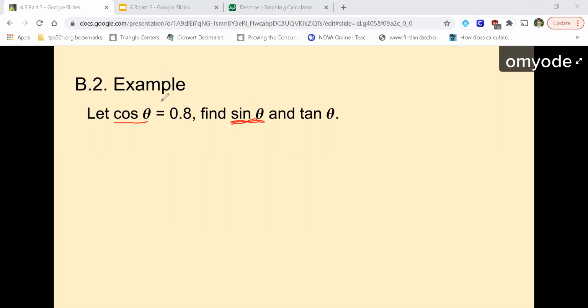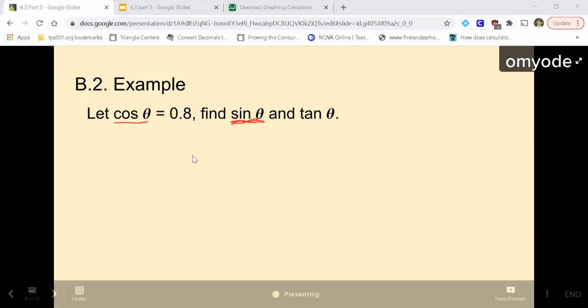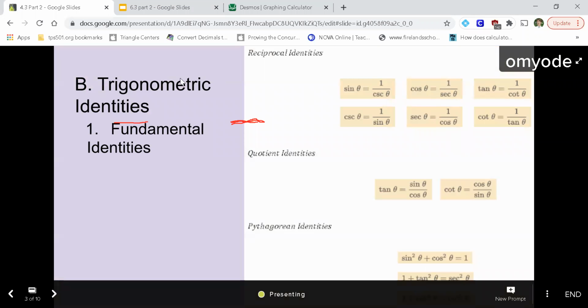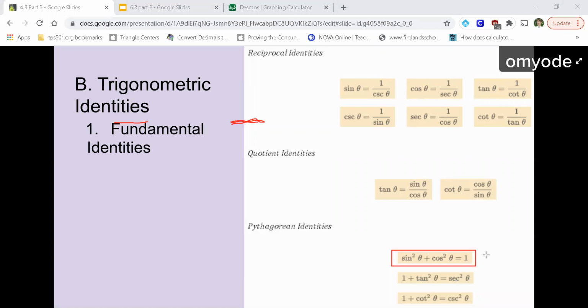So if I look, what identity relates cosine and sine? And if you look at the list, the only one that has just sine and cosine is your Pythagorean identity.